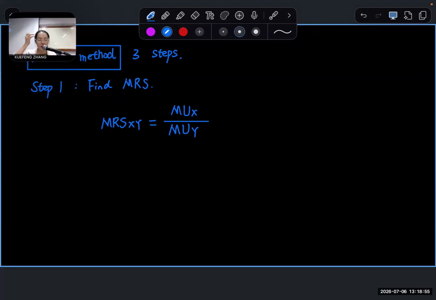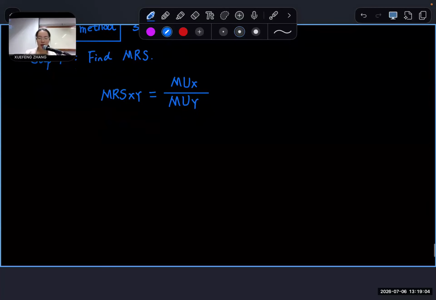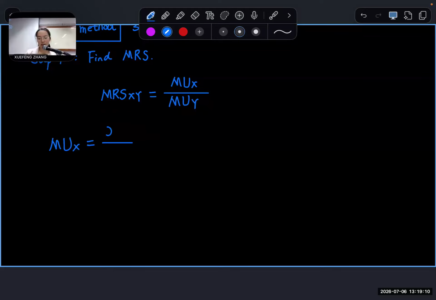So here is the MRS, right? Let's find the marginal utility first. What is MUX here? We take the partial derivative of U over X, right? You should be very familiar with it. So half times X to the power negative half, Y to the power half.